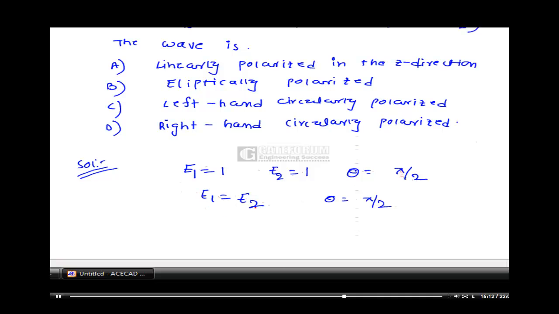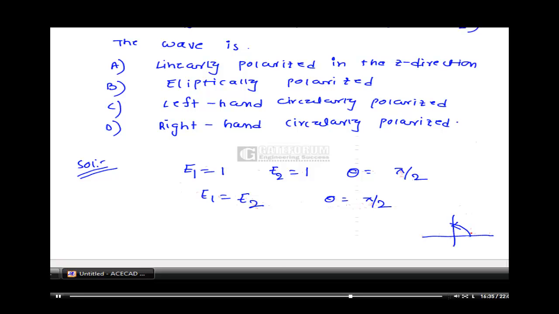If amplitudes are equal, what are the possibilities? We have only two possibilities: either linear polarization or circular polarization. One more thing, here theta is equal to pi by 2, which means definitely it is a circularly polarized wave. But here theta is plus pi by 2, that is in this direction.